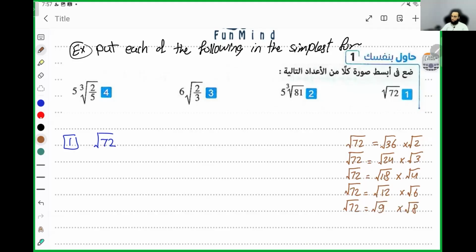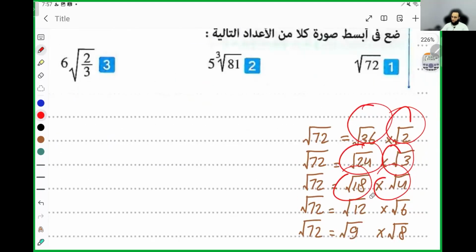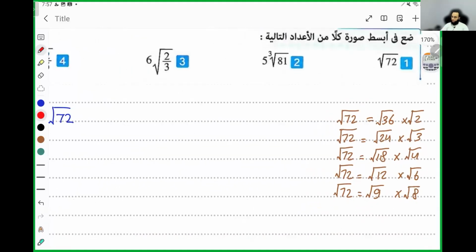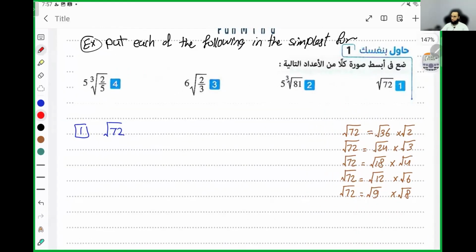Which of the following have a value for the root? Root 36, root 2, root 24, root 3, root 18, root 4, root 12, root 6, root 9, or root 8? I need the perfect square. Which one is a perfect square? 9 and 4. 9 and 4 are perfect squares.